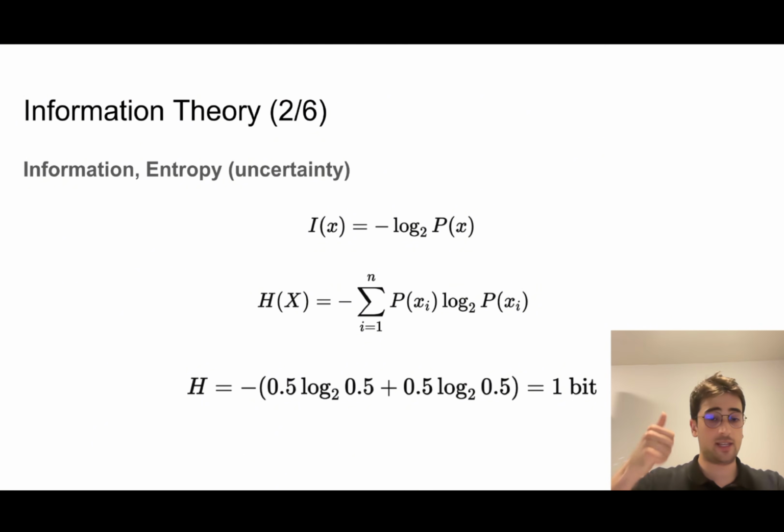Let's say you're throwing a penny and it's either tails or heads, right? So the probability of it occurring as a head is 0.5 or 1/2, and the probability of tails is also 1/2. So when you take the average, it's 1 bit.